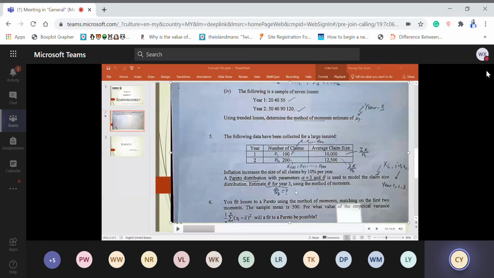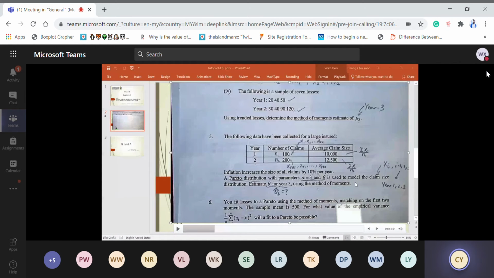This question is similar to question number 4, so we have to find all the claim sizes in year 3. Based on year 3, we can then solve the problem under inflation of 10% per year. Okay, so here we go.